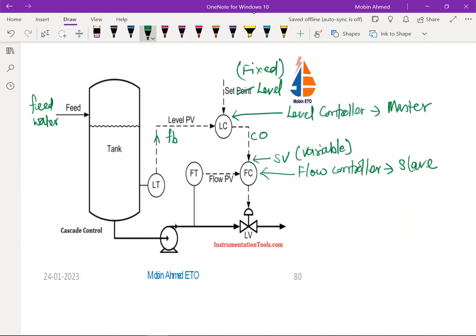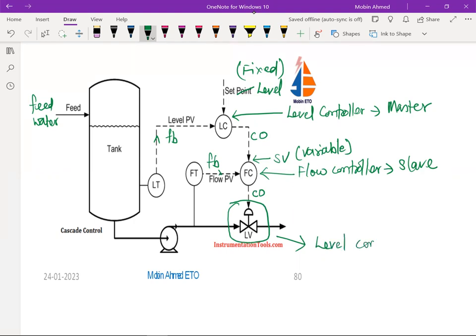So there is a flow transmitter which is sensing the flow present value. So this is the feedback that is given to the slave controller. And finally, the control output of the flow controller is given to the control valve. Okay, so this control valve is known as a level control valve because the process it is doing is to control the level of the tank.